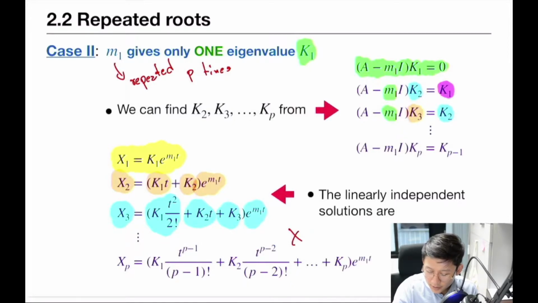Of course, if you want to write down x4 explicitly, it would be k1 t to the 3 divided by 3 factorial plus k2 t squared divided by 2 factorial plus k3 t plus k4, and then e to the m1 t.